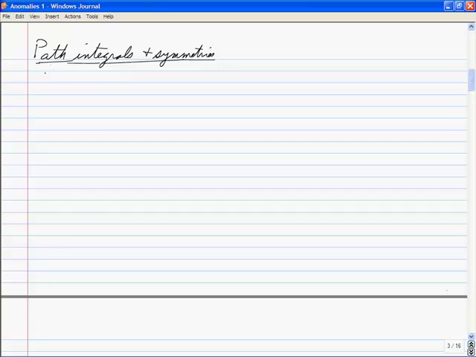So let's imagine some symmetry. Let's say phi i goes to phi prime i, which is phi i plus some little epsilon times some function of phi. There might be rotations in phi space parameterized by some small angle epsilon.